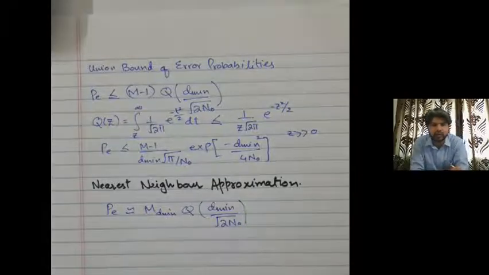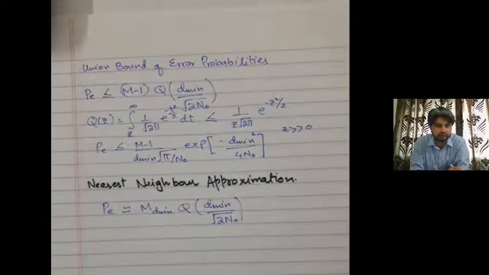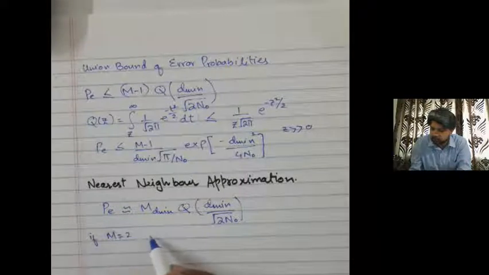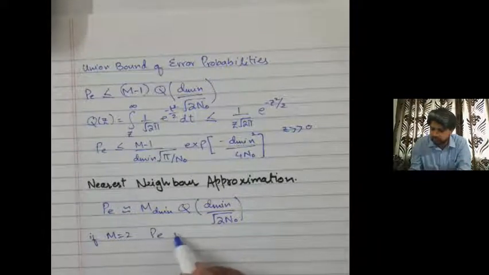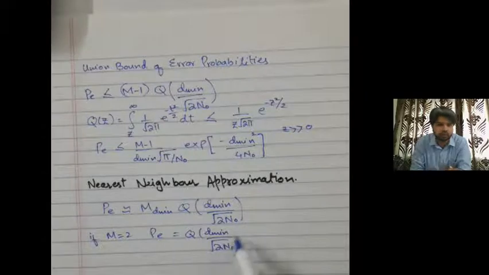Here we can remark that if your capital M is equal to 2, that means you're talking about a binary transmission, this nearest neighbor approximation is exact. That means if M is equal to 2, your probability of symbol error is nothing but Q of d min over root 2 N naught. This is your symbol error probability.